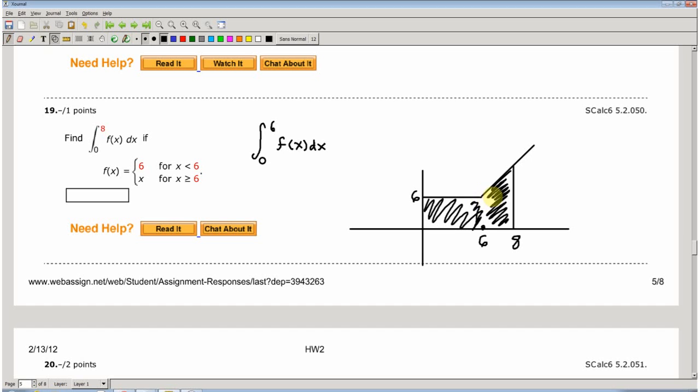I don't know the technical name for this, but you can see that this part is going to be what? A triangle with base 2. The base of this triangle here is going to be 2, and its height is going to be what happens when you plug 8 into the equation f of x equals x, and so this is going to be 2 also. So you have this triangle here with base 2, height 2.